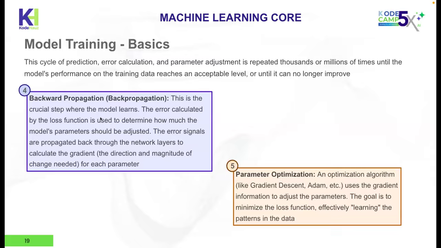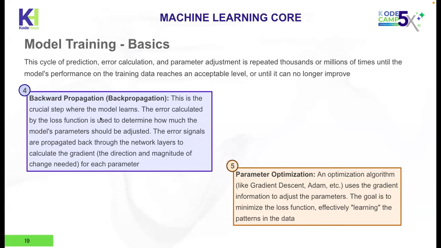We have gradient descent, which we talked about. We talked about things like stochastic gradient descent, Adam, and so on. So it uses the information in the gradient to actually adjust the parameters. You don't directly apply the gradient to the parameters.